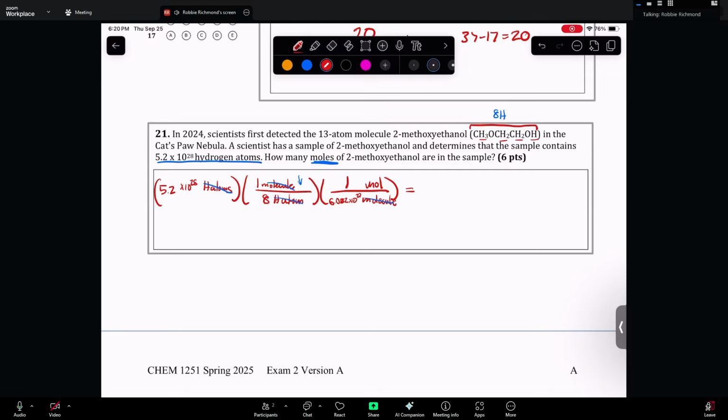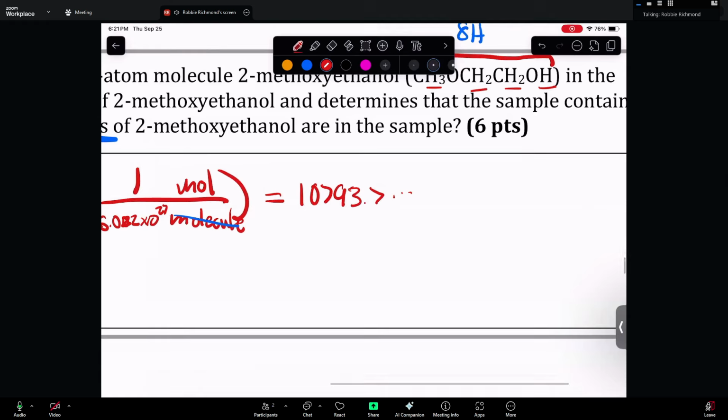Because if you don't put it in parentheses, you are not going to get the right answer. So I get 10,793.7 goes on for a while. Moles of 2-methoxyethanol.